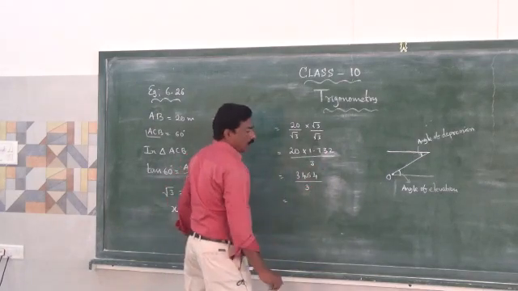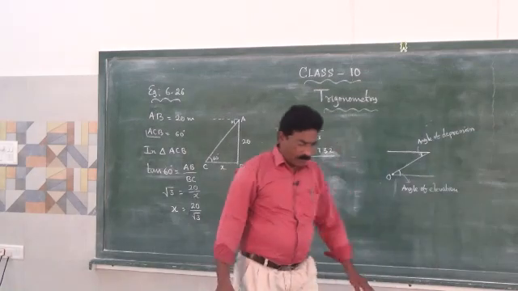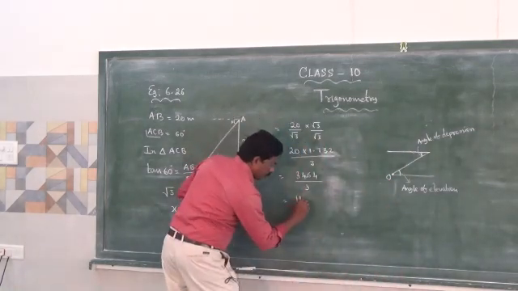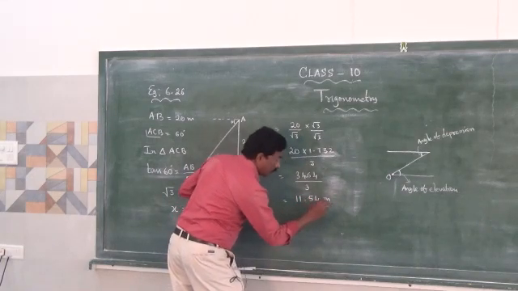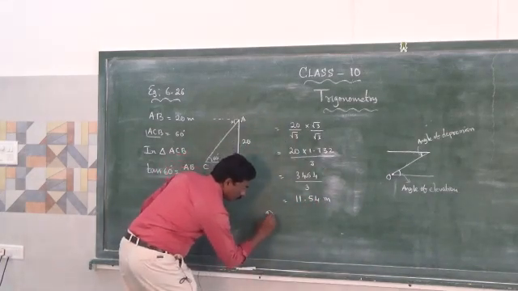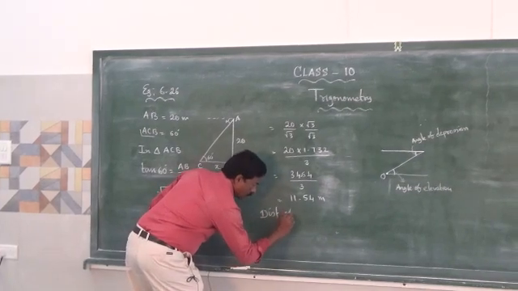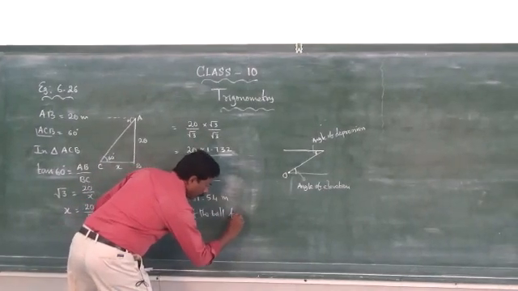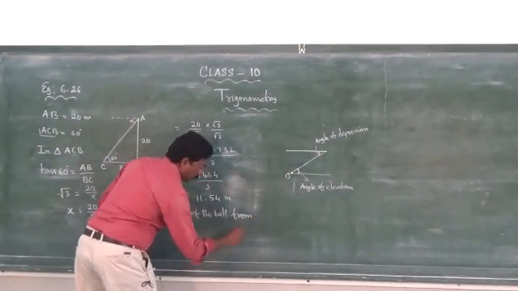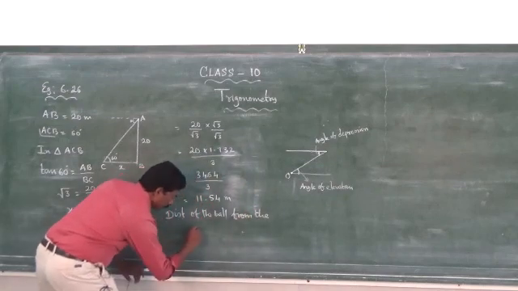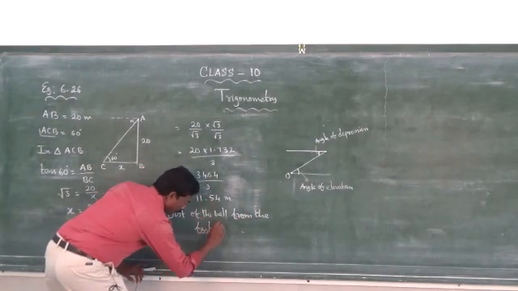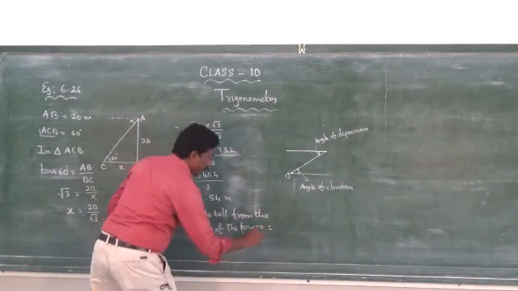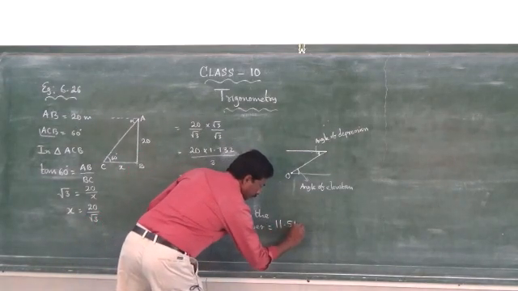When you divide, you will get 11.54 meter. So what is the distance between the foot? So the distance of the ball from the tower, from the foot of the tower, is 11.54 meter.